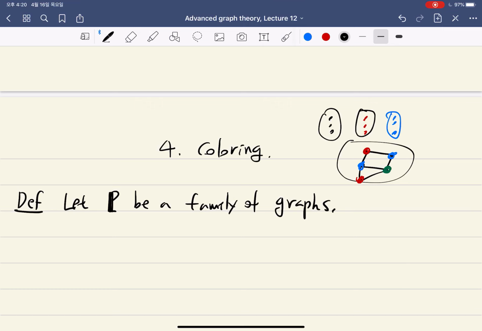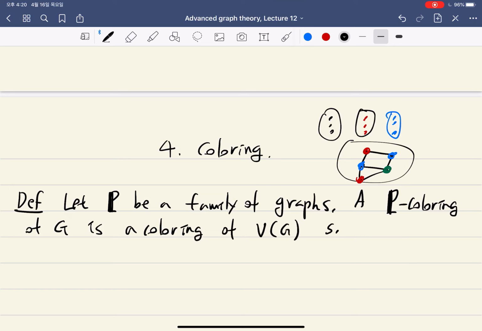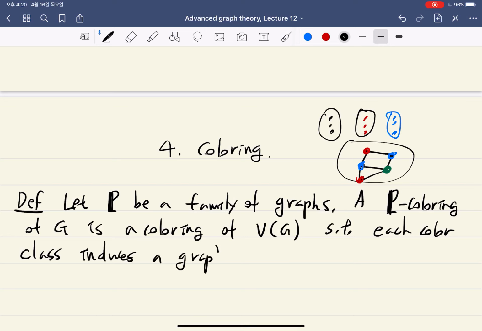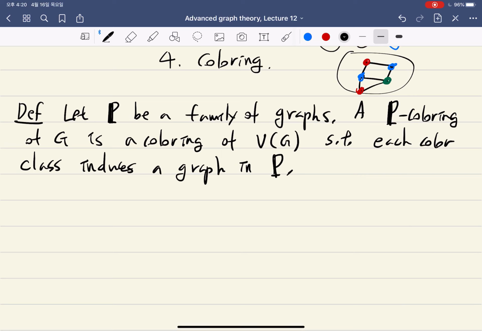And we say a P coloring of G is a coloring of the vertices such that each color class induces a graph in this P. So traditional coloring is when we take P as the collection of empty graphs, the collection of graphs with no edges, so a collection of independent sets. Then we get this.